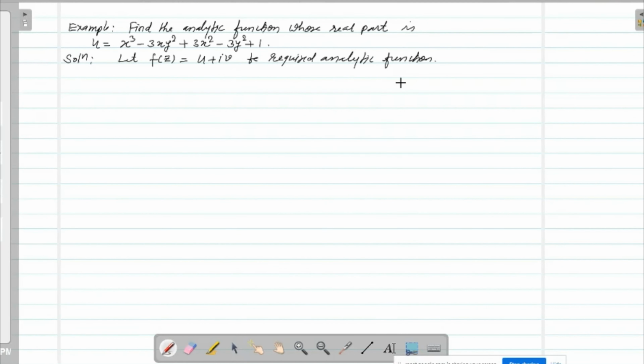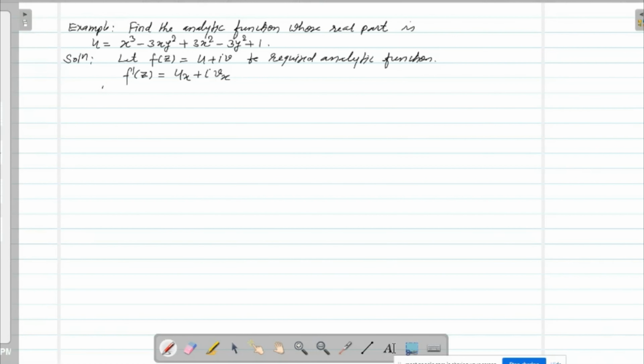Now differentiate this with respect to x. You'll get f dash of z equal to ux plus i times vx.